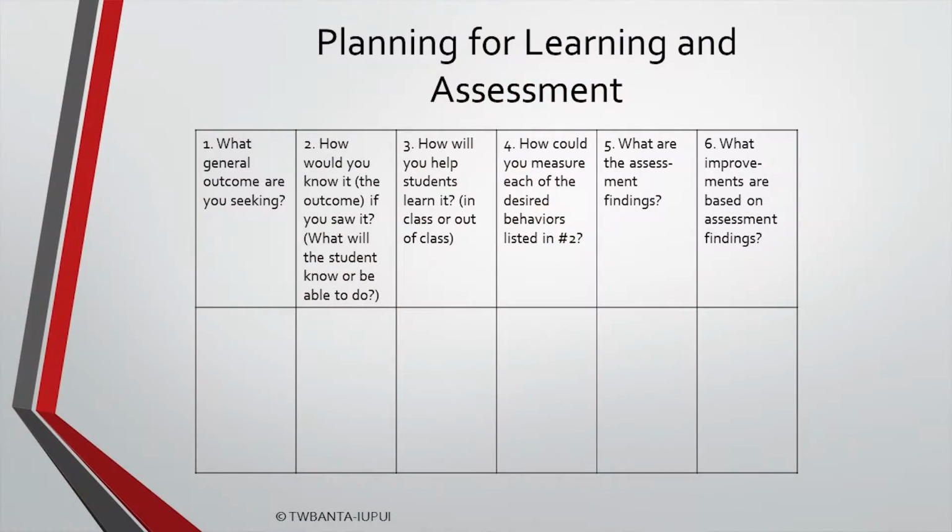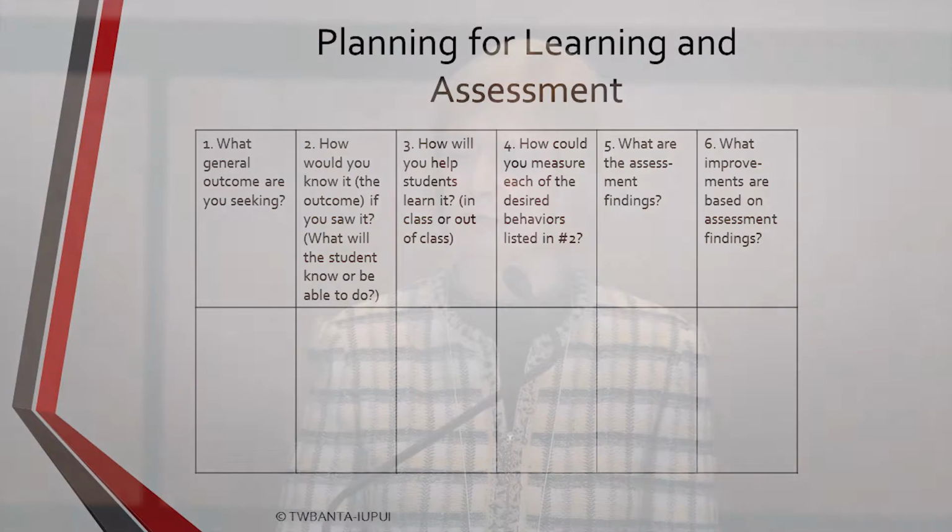And then how could you measure the desired behaviors? That's where the verb tells you that the assessment measure is a speech. And then what are the findings, and what improvements are you going to make on the findings? On the basis of what you learn, how can you be guided by what you learn?